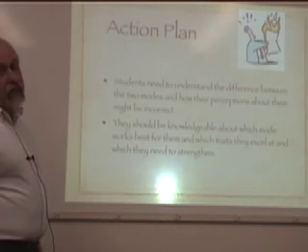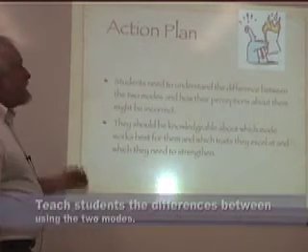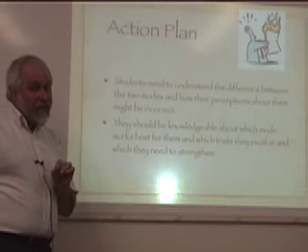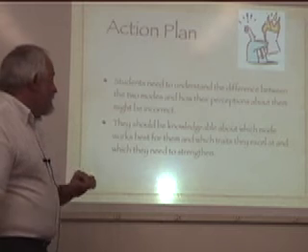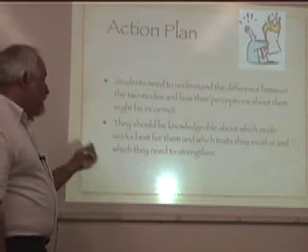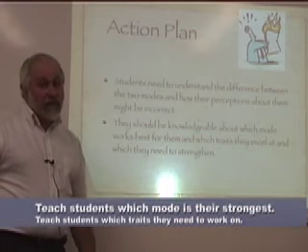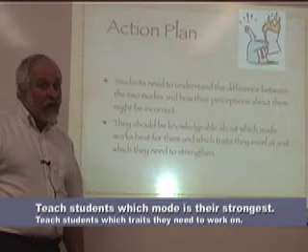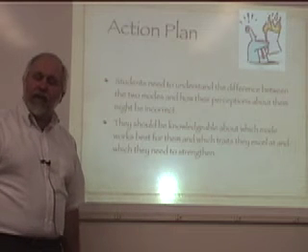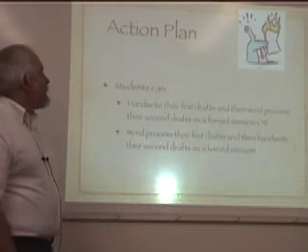And also, we need to educate our students about the difference between those two modes and about their perceptions about them, and how they perhaps might be wrong, and how they perhaps might be right. They obviously should be knowledgeable about which mode works best for them, and they should know which traits they're good at and which traits they need work on. So just like an athlete, they can strengthen those areas or those muscles that need strengthening.